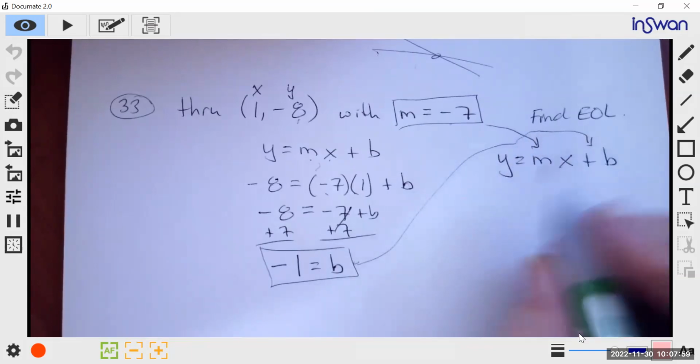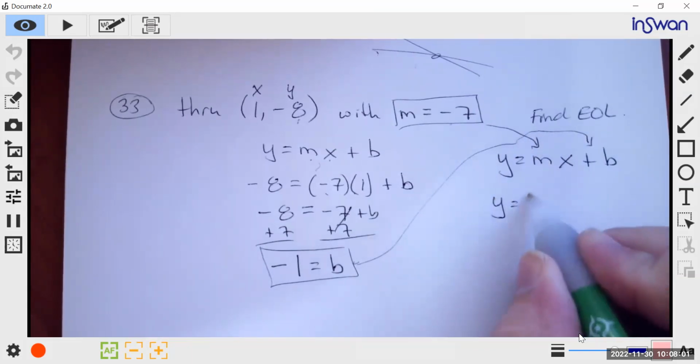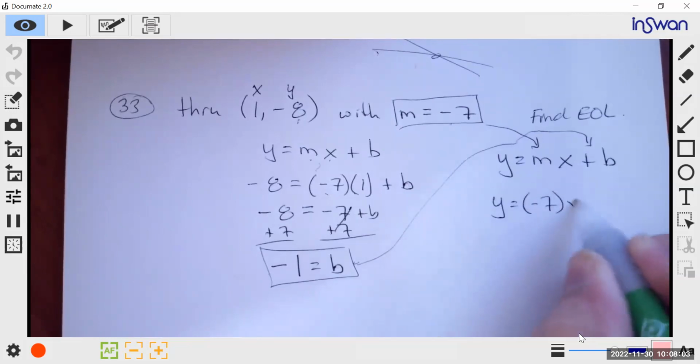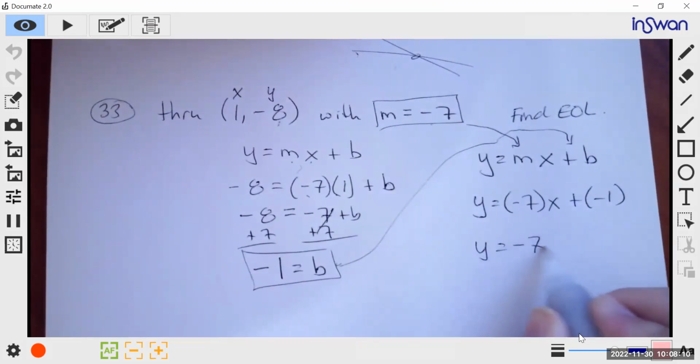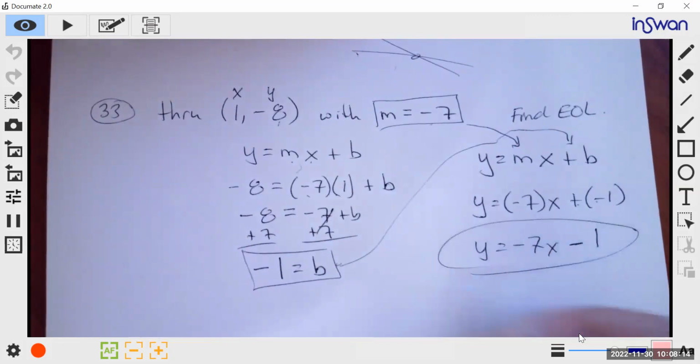So I just have to plug them in there. y equals -7x plus -1. Positive and negative becomes a negative, and there's your equation of the line.